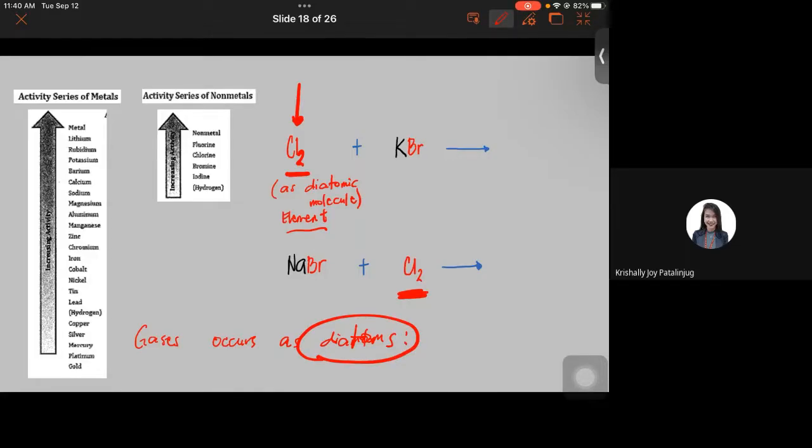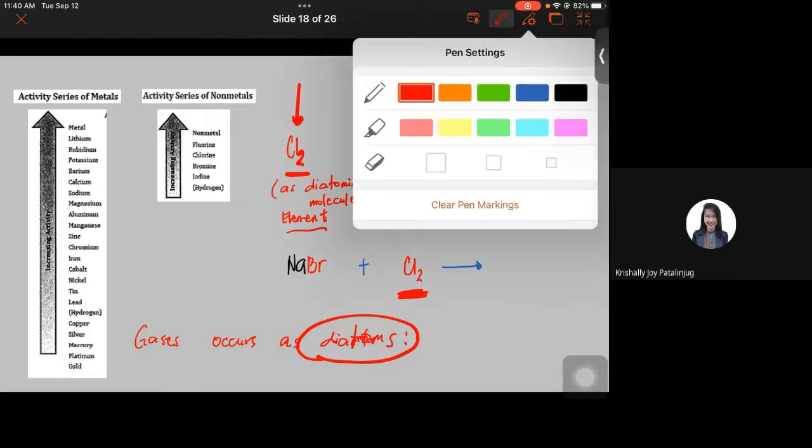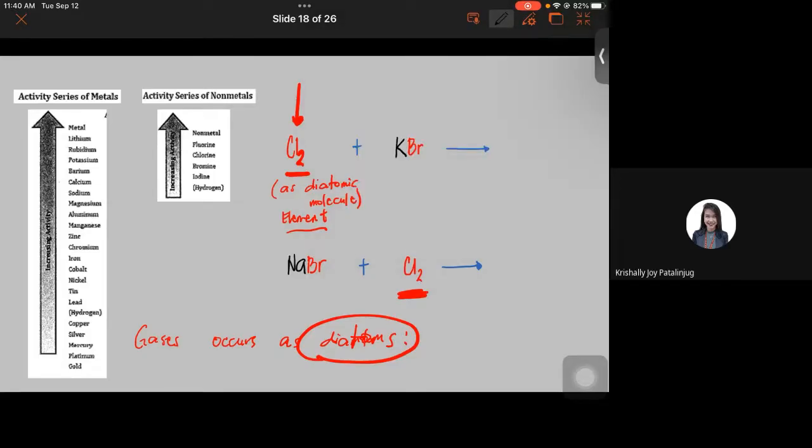Now, in this given reaction, again, non-metal yung single element, reacting it to an ionic compound. So this time, it will attempt to displace the non-metal portion of the ionic compound, potassium bromide. Okay, so ito yung non-metal portion.